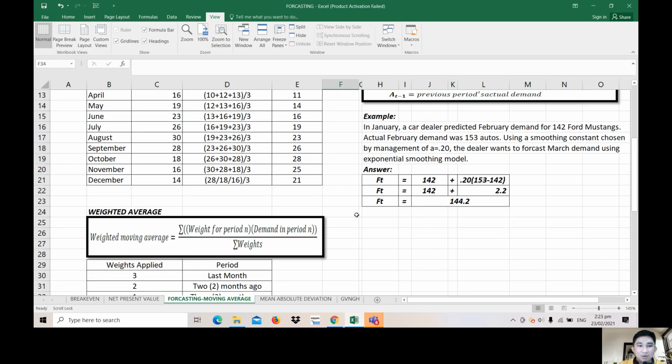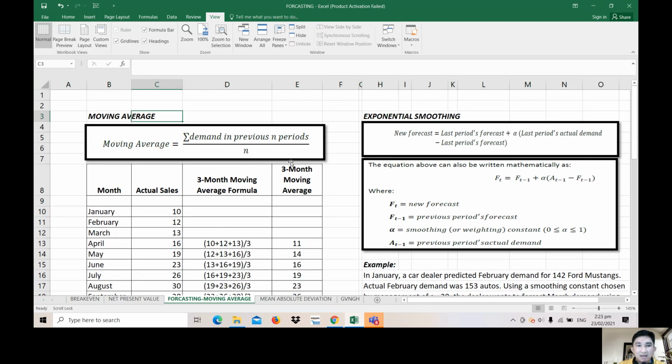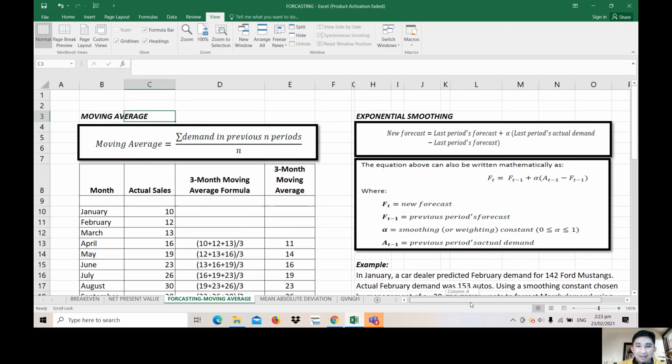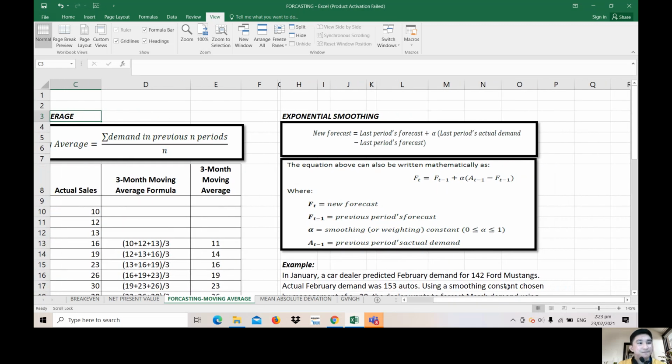Okay? So now, since we know how to apply moving average and weighted average, let's go straight to exponential smoothing. In exponential smoothing, this is another weighted moving average forecasting method. It involves very little record keeping of past data and is fairly easy to use. So the very basic exponential smoothing formula can be shown as follows.